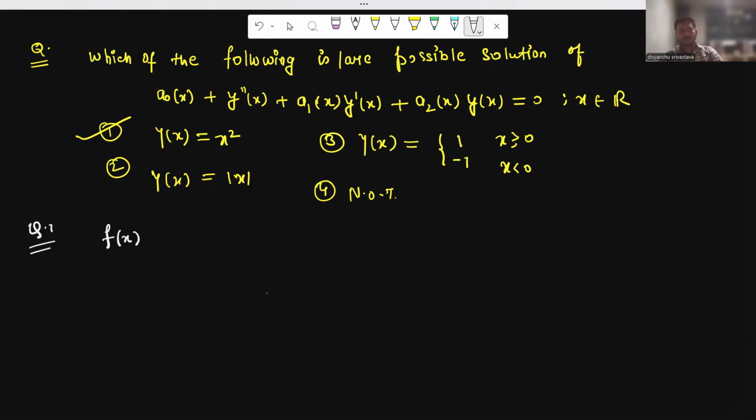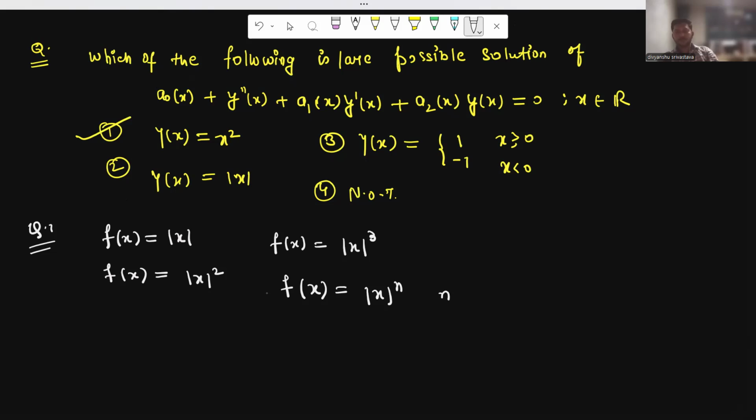First is f(x) equal to modulus of x. Okay, and second is f(x) equal to modulus of x square, and next one is f(x) equal to modulus of x cube. Okay, and last one is f(x) equal to modulus of x to the power 1/n, where n is a number like this.